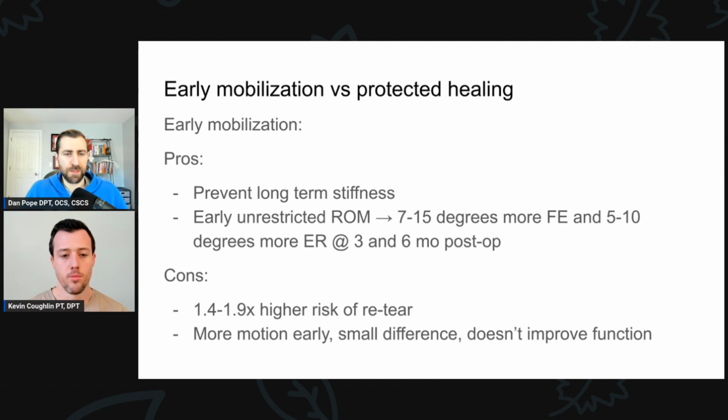And the authors were pretty adamant about that, that there are risks to mobilizing early. And one thing that they noted was there's almost a 2 times higher risk of re-tearing. And the more motion in the first 3 to 6 months, it doesn't necessarily equate to the long term, right? So we're trying to balance, and they're trying to figure out, when do we start that early mobilization in physical therapy?